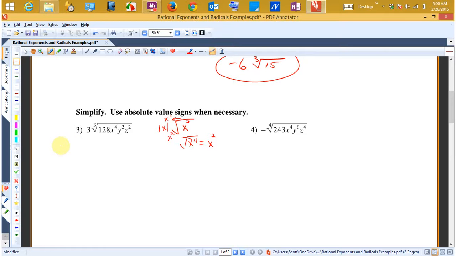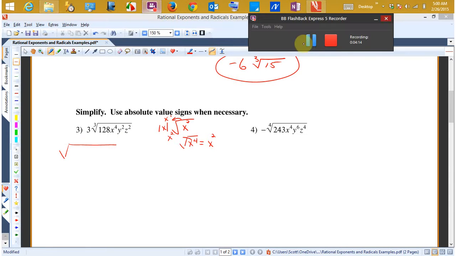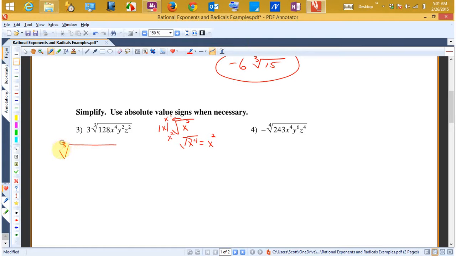What we're going to do is break that 128 up. We're taking a cube root here, and there's a 3 on the outside. So 128 is actually 64 times 2. Then I have an x to the fourth, a y squared and a z squared.